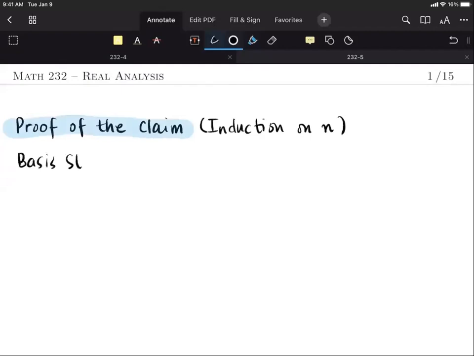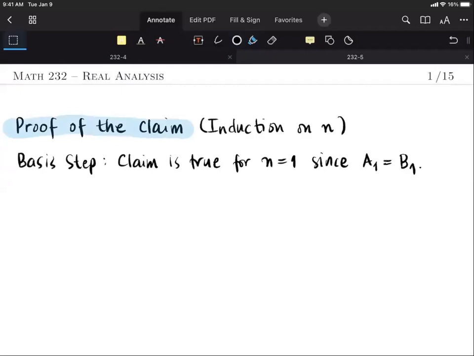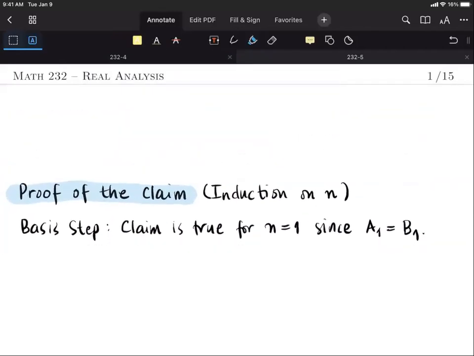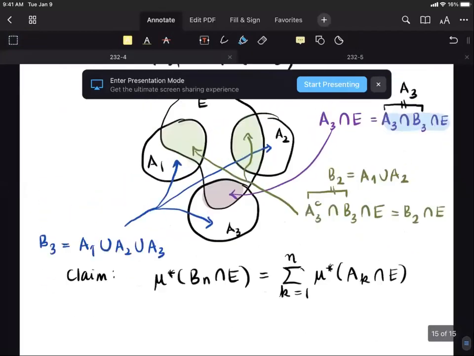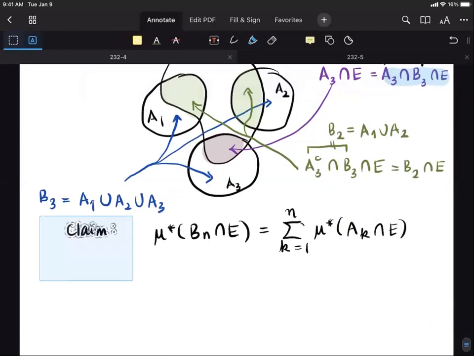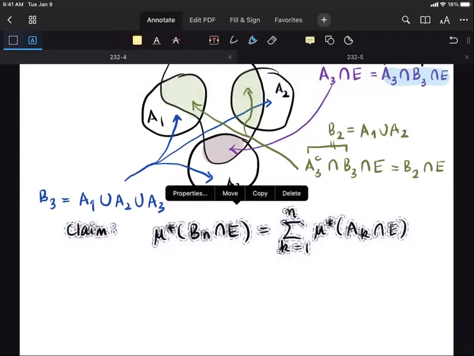The basis step is clear because the claim is true for n equals 1, since A1 is the same as B1. So let us put this down and copy our claim on the next portion.